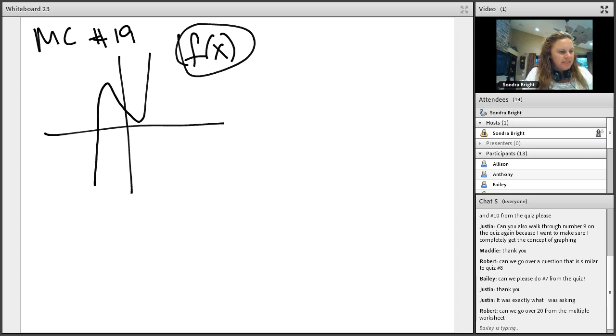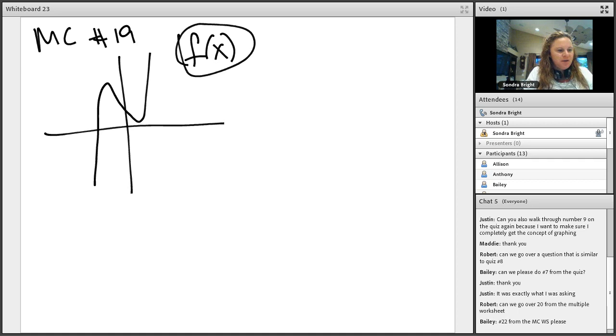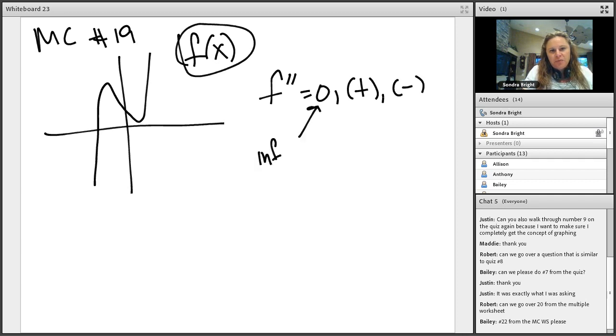All right, so 19 says, use the graph of f above to estimate where f double prime is 0, positive, and then negative. All right, so when it's 0, it's an inflection point, meaning it has changed concavity. When it's positive, it's concave up.